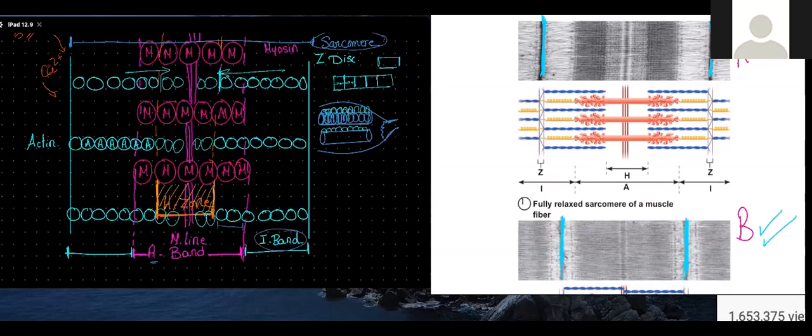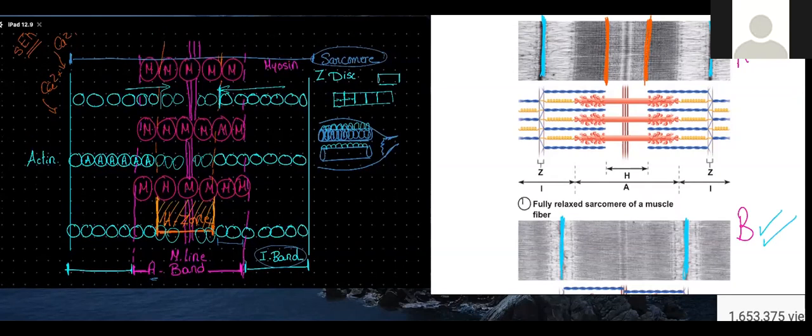What do we call the part in the middle of the A band that is formed only of thick filaments, not overlapped with thin filaments? What do we call the region on here?